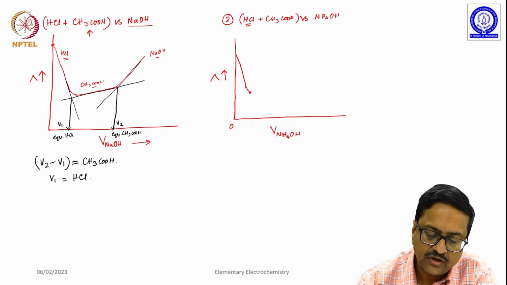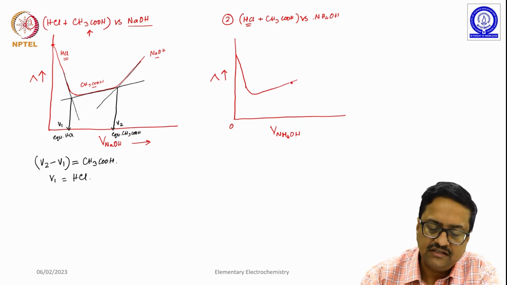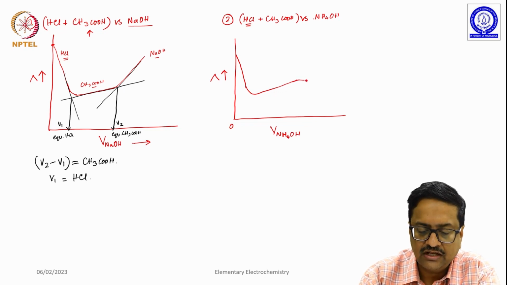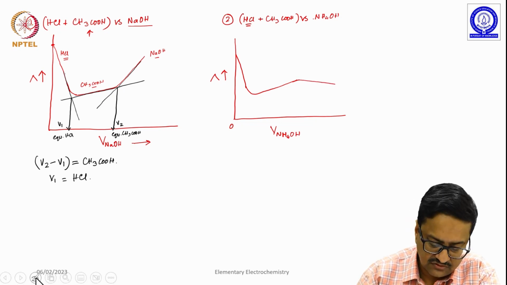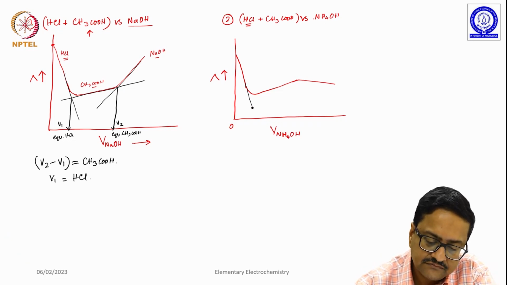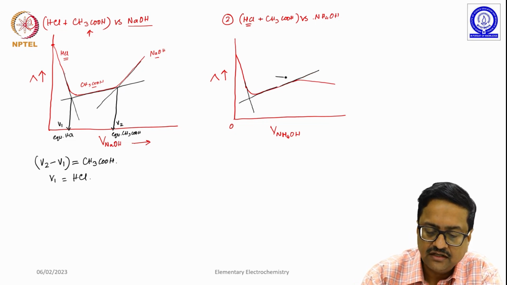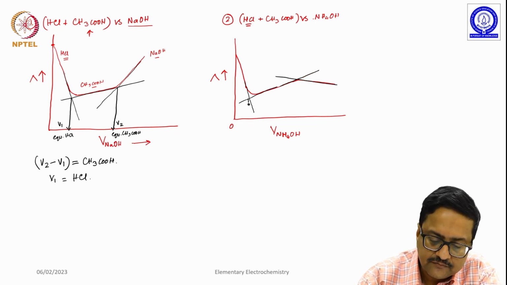Near the equivalence point, when the acetic acid starts to dissociate, it will curve around and go up, and then when acetic acid is also consumed, NH4OH is there and there will be a change of slope. So two different slope changes will be evident. You draw a tangent here, you draw a tangent there, you draw a tangent here, and you draw a tangent there.